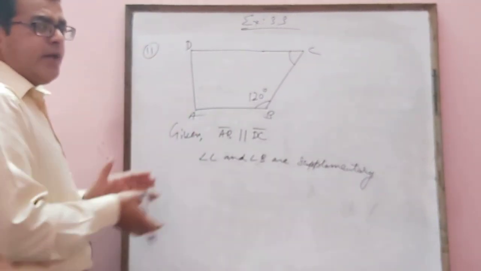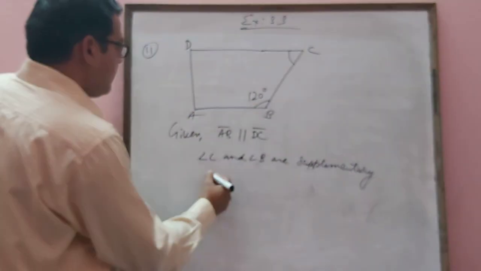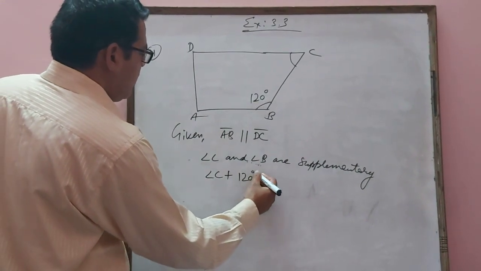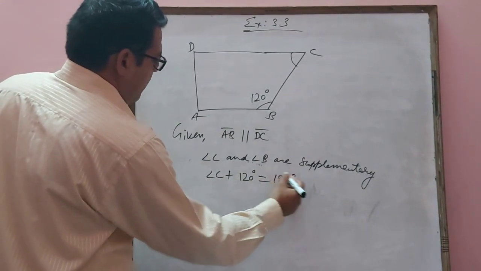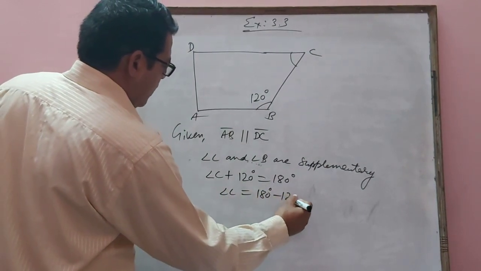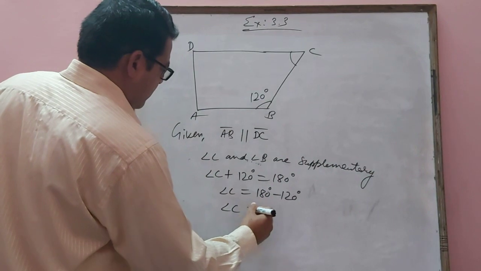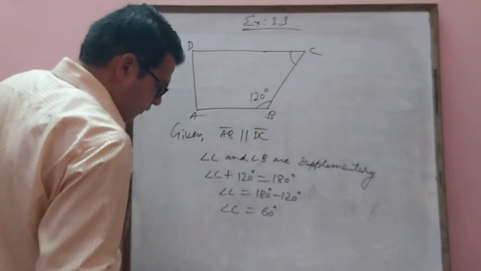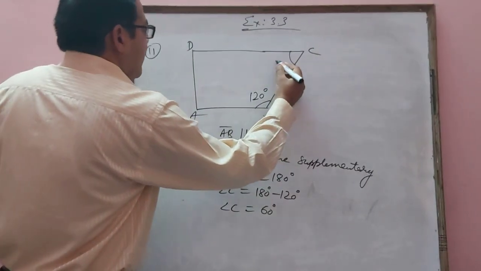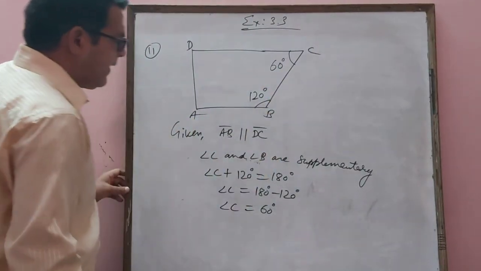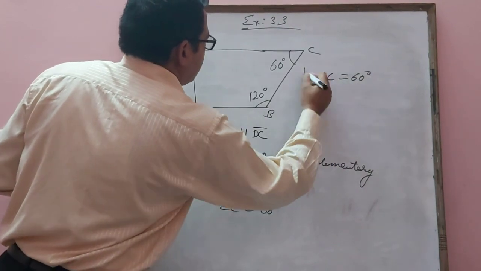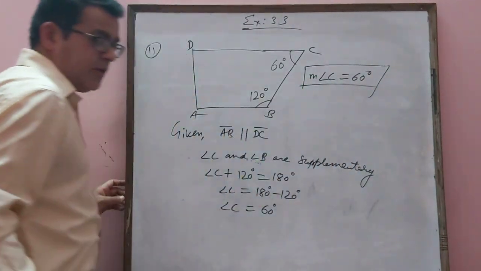Because these are co-interior angles, and their sum, angle C plus angle B, is 180. Angle B is 120, so angle C equals 180 minus 120, that is angle C equals 60 degree. Right? So you had to find angle C, and the measure of angle C is 60 degree. This is a very simple question.